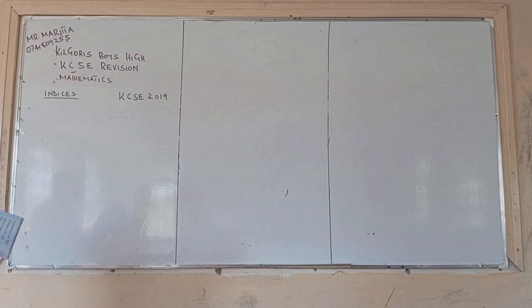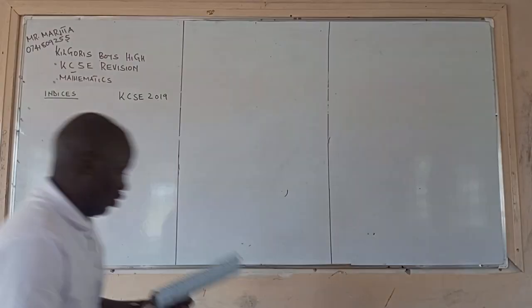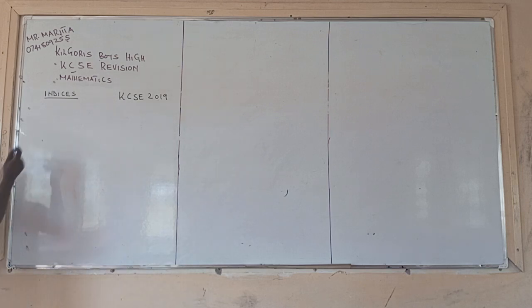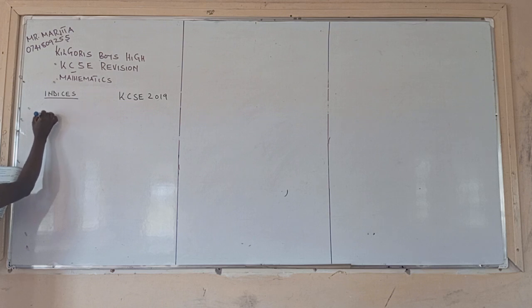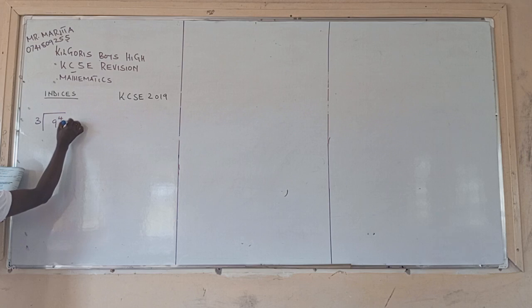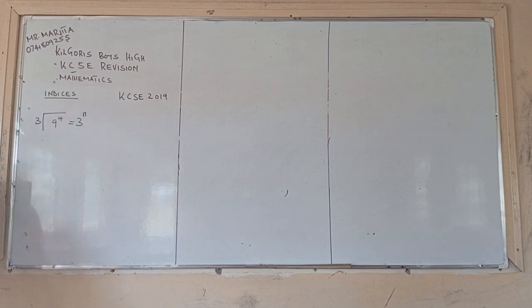In KCSE 2019, we have been given that the cube root of 9 raised to power 4 is equal to 3 raised to n.